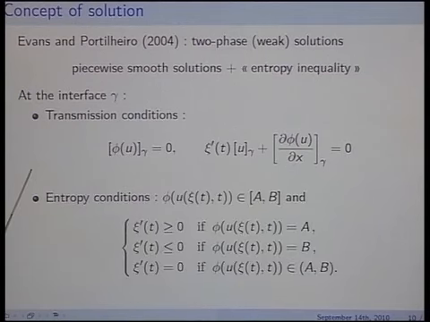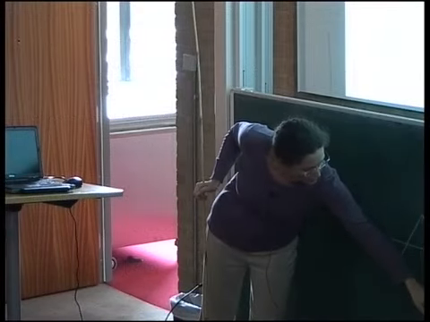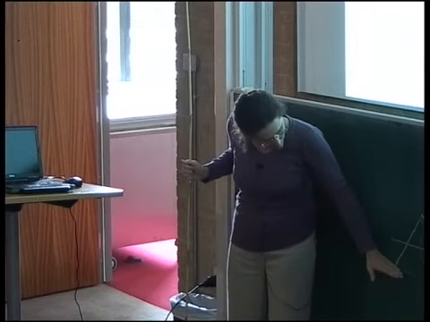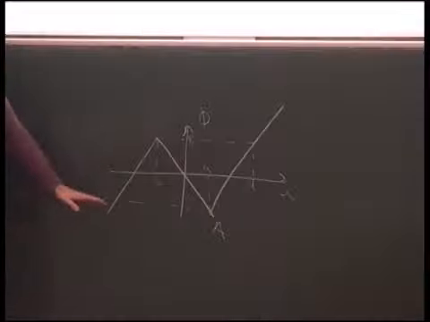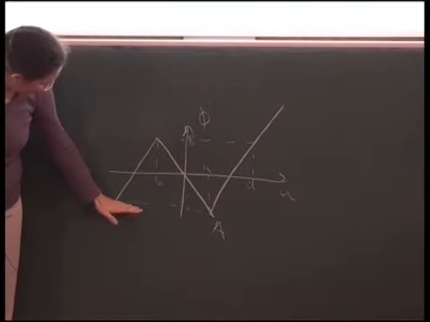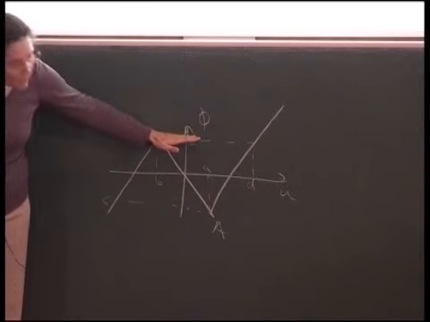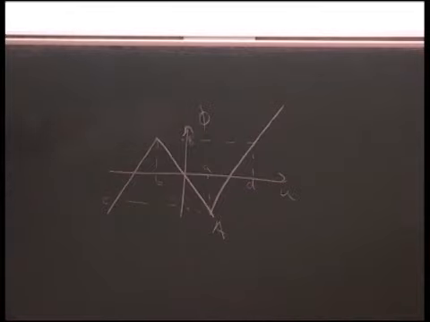Also, what they showed was that there were entropy conditions, meaning that if you arrive at these most important points, A and B, the interface will move. What I mean is that if you are within the stability region for phi, meaning the limiting values are within A and B, then the interface will not move.